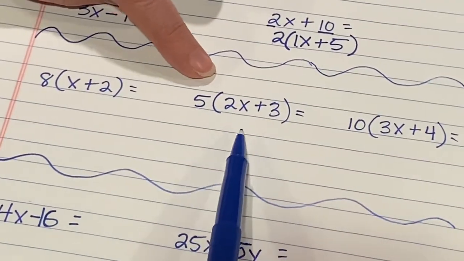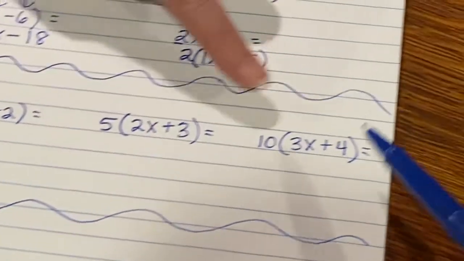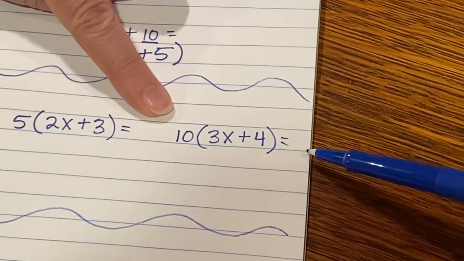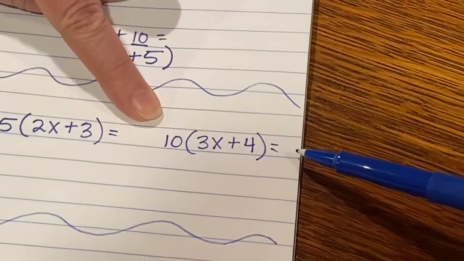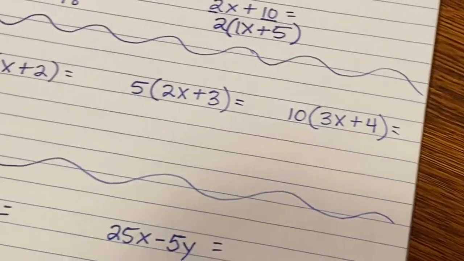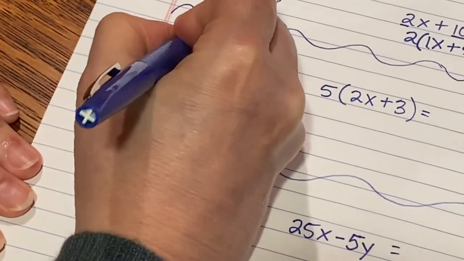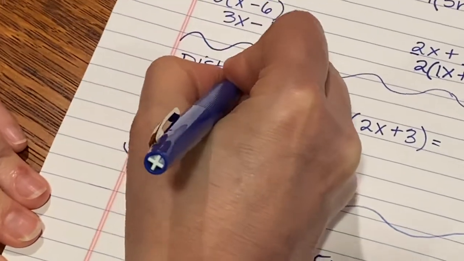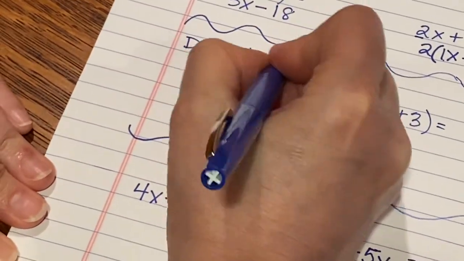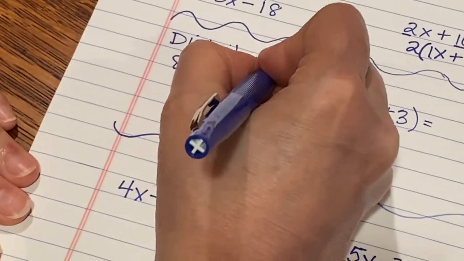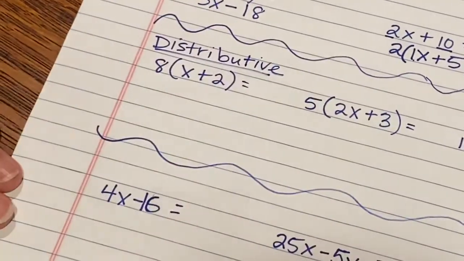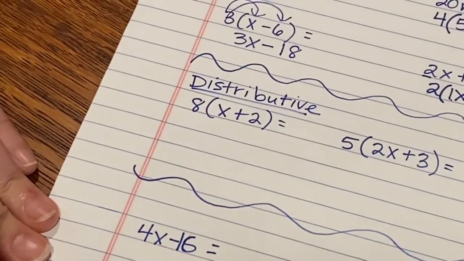What's an equivalent expression there? And the third one, 10 times 3x plus 4. I'll give you a hint. With all 3 of these problems, you're going to be using the distributive property. Okay, pause the video, solve those 3 problems, and then come back.